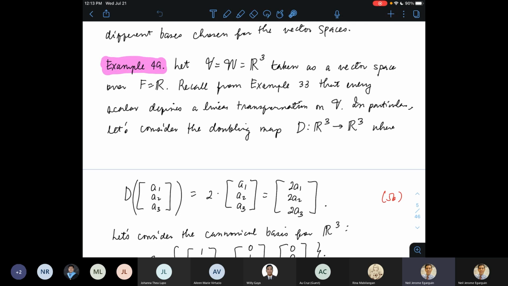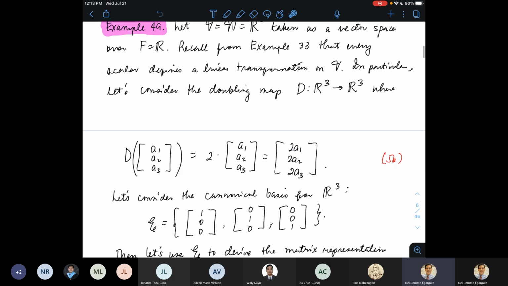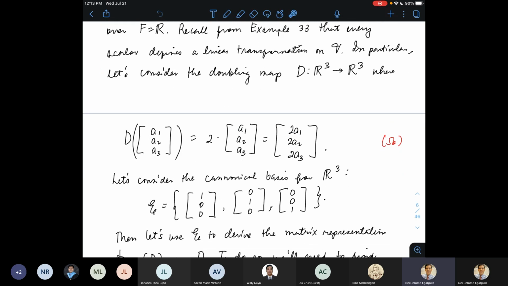So just for an easy and quick example, let's just consider a simple linear transformation that is scalar multiplication or scaling of a vector. So in particular, if I define D to be the doubling map, meaning it will just double every component in my vector, right? So D is the map from R3 to R3, such that the image of a vector from R3 is just double of its components, right?